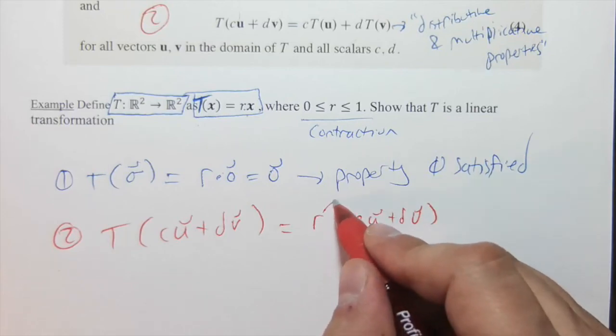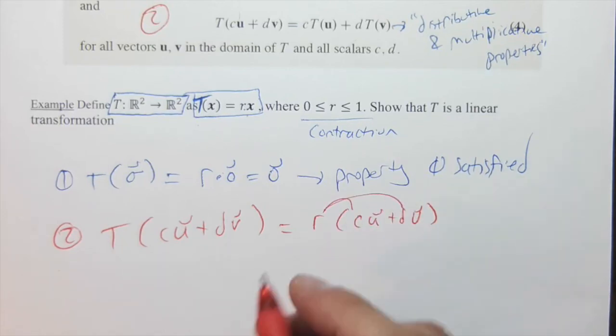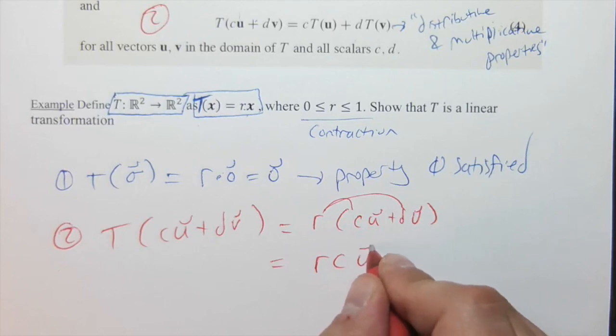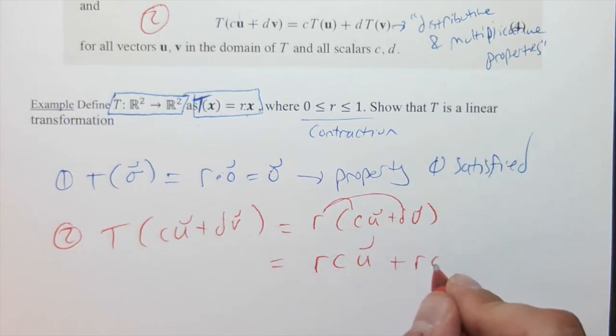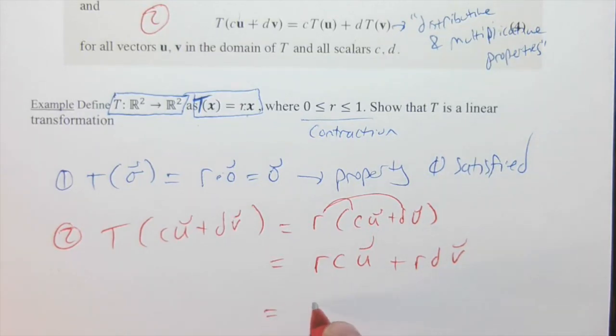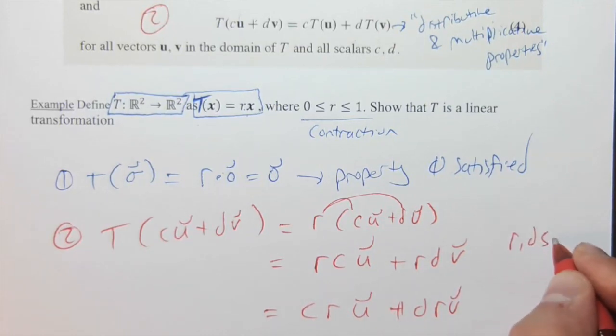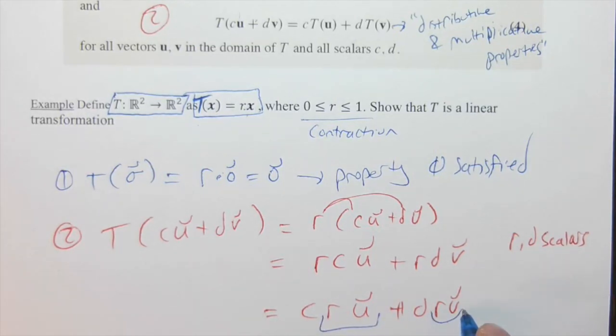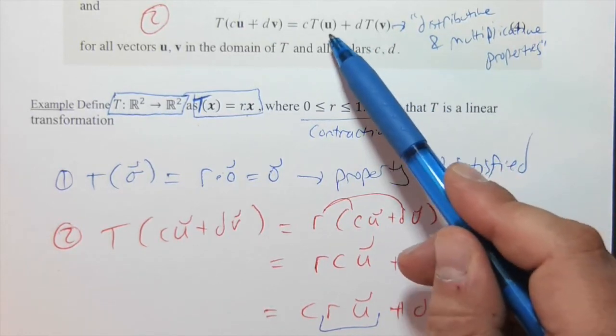Well, now that we've got a scalar here, we can distribute it. And now we have two scalars multiplying a vector in both cases. And we can just rearrange scalar multiplication, rearrange rc, rearrange dr, because those are just two scalars, just to be clear. So we're allowed to rearrange them. And now this inner piece, ru and rv, that's exactly what T of u and T of v would be.